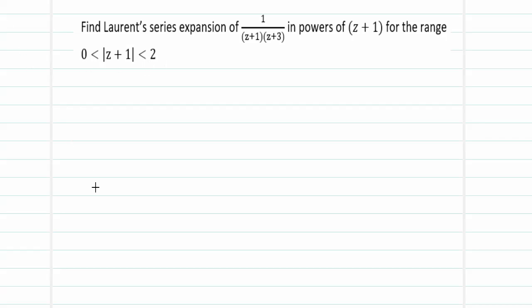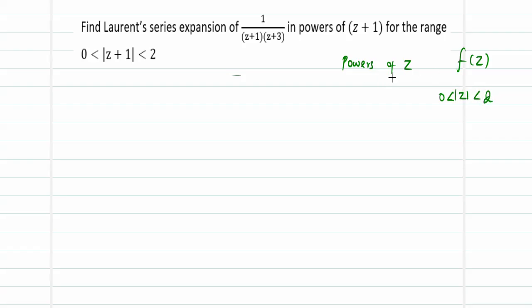The primary thing to notice over here is that normally we express the Laurent series as powers of just z, and our range also will be like 0 less than modulus of z less than 2 and so on.